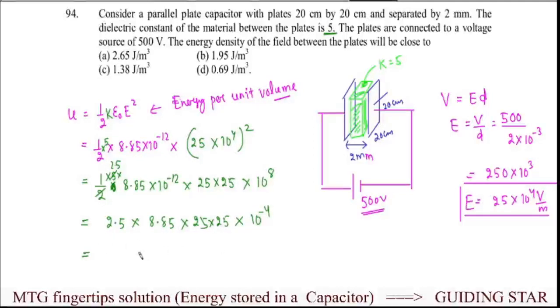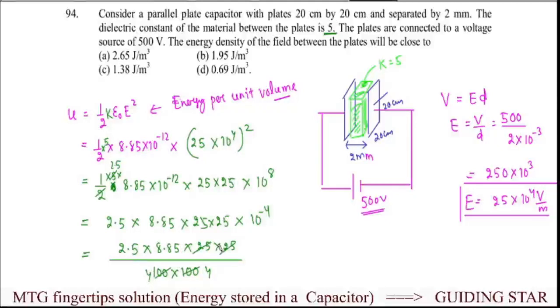If we take this 10 to the minus 4 to the denominator, it will be 2.5 into 8.85 into 25 into 25 divided by 10 to the 4, meaning 10 to the 2 into 10 to the 2, that is 100 into 100. So it gets cancelled out by 4; here it is also 4.